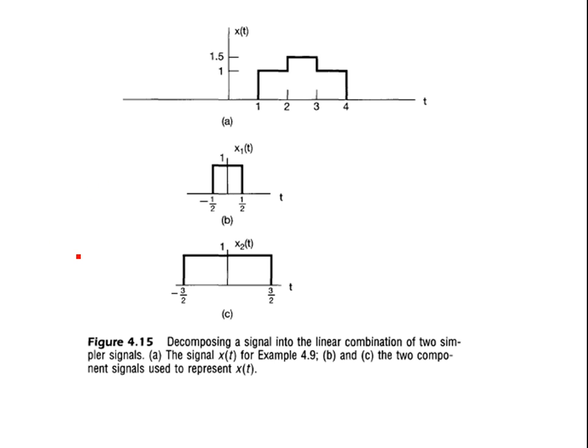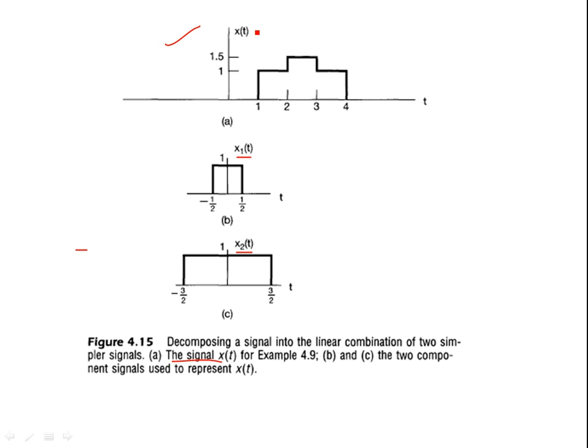It shows the signal x(t) over here, and it's not very hard to see that it can be decomposed into two rectangular pulses that we've already considered. We know what the Fourier transform is for x1(t) and x2(t).